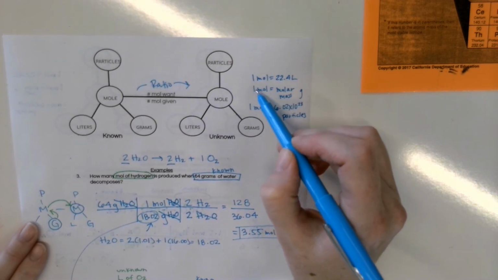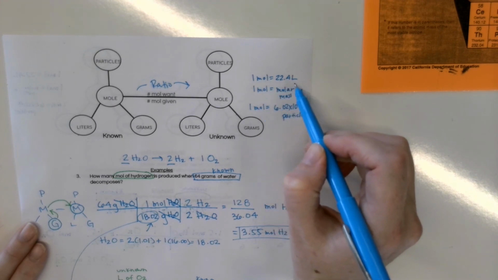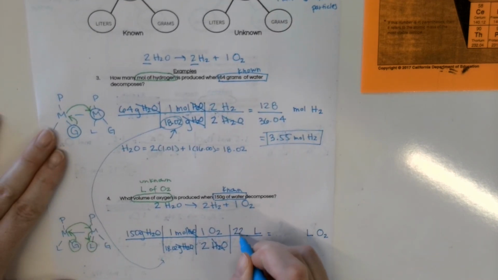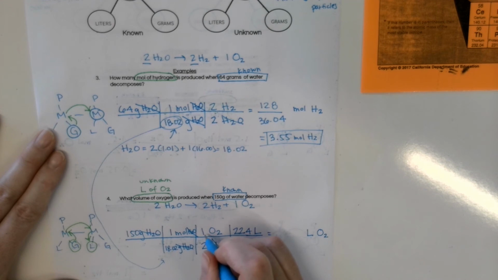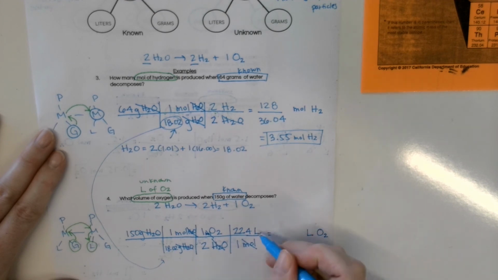Again, we can't change these, so one half is going to be 1 mole. The other is 22.4 liters. So I'm going to put 22.4 liters up top because that is what I want. I'm going to put 1 mole on the bottom. So my mole cancels out because this is really 1 mole of oxygen. So it all works out. And my only unit left will be liters.